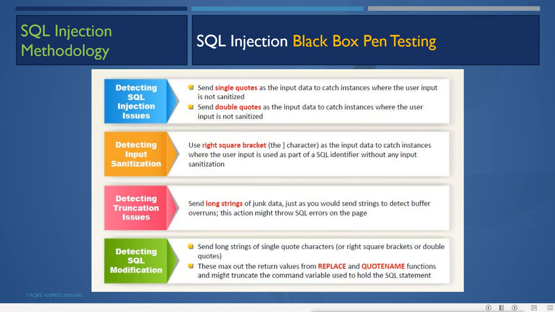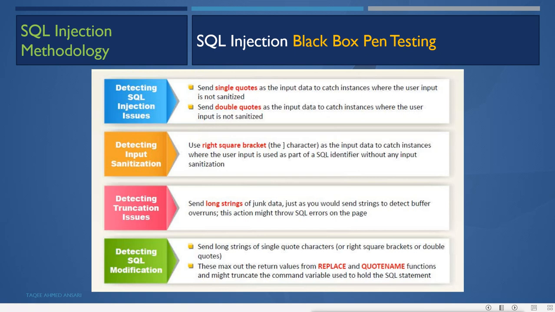First, SQL injection in black box pen testing. Black box means the attacker, the penetration tester, doesn't know anything about the network and technology, nothing. It does not have any prior knowledge.